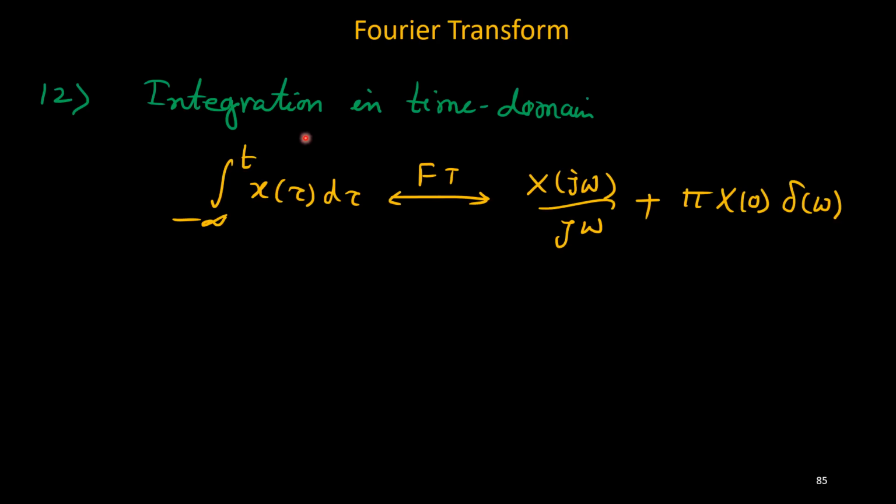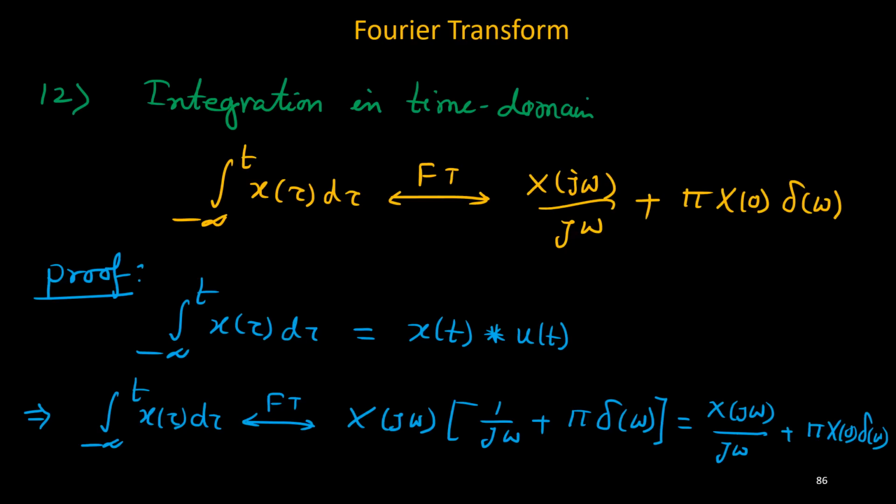Next, integration in the time domain. If I integrate this signal x of t in the time domain, meaning from minus infinity to t of x of tau d tau, and consider it as one signal, then its Fourier transform will be capital X of j omega upon j omega plus pi X of 0 delta omega.